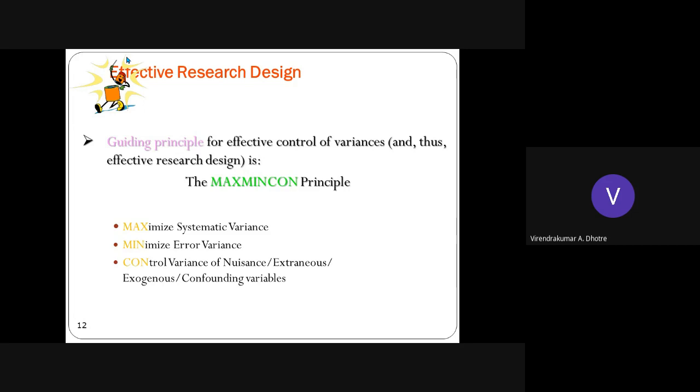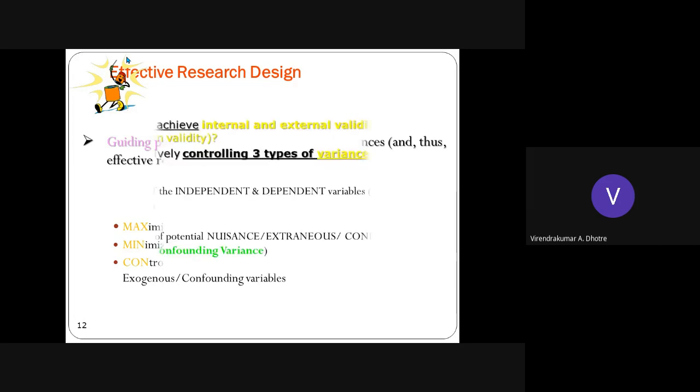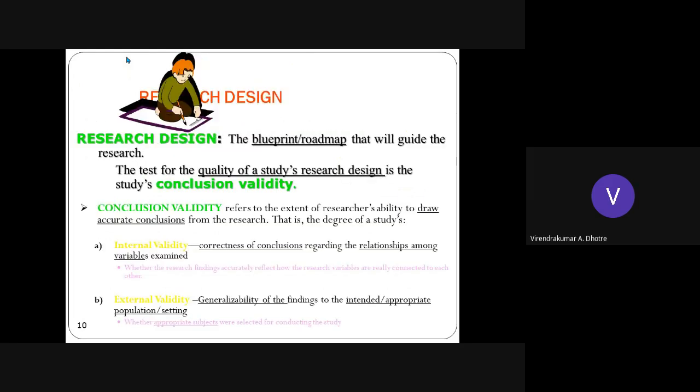So for effective research design, or effectively controlling the variances, we have one guiding principle, and that is the Max, Min, Con principle. Max means maximize, min means minimize, con means control. So maximize systematic variance.